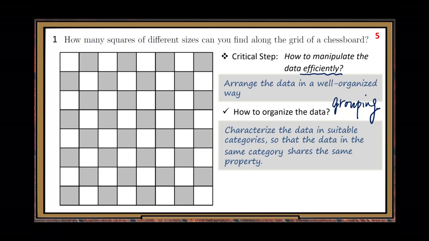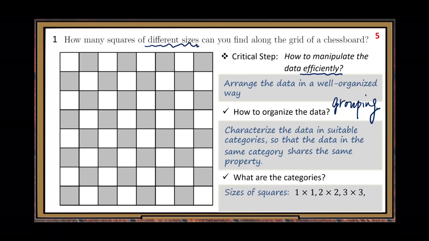All right, so next, what are the categories? Because here you see our target, our goal, we consider squares of different sizes. So let us use those sizes as the categories. Sizes of squares from smallest 1 by 1, then larger sizes 2 by 2, 3 by 3, and so on.